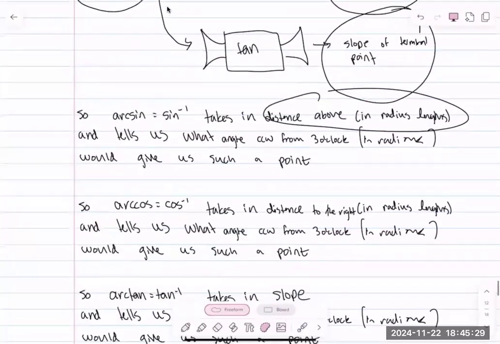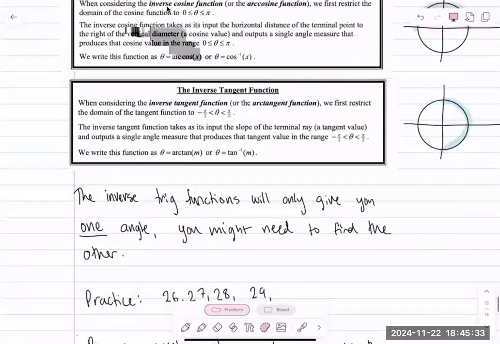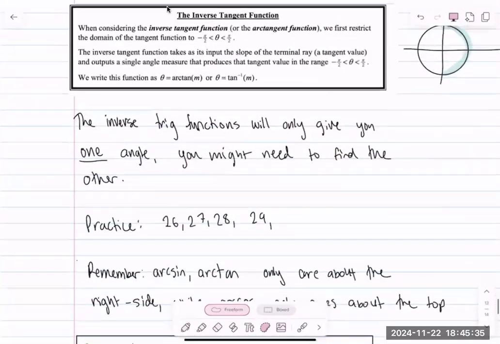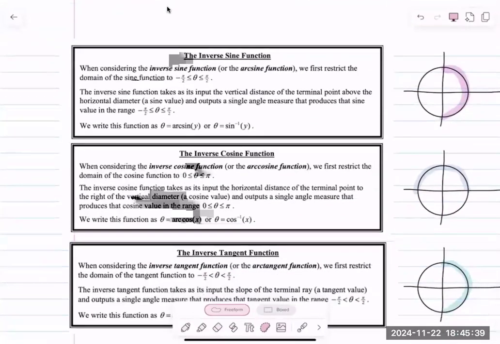I may share these notes below, and you might be able to download them. And real quick, we have to restrict the domains of sine and cosine and tangent when we're doing these inverse functions. Why do we do that? Well, let's take a look.